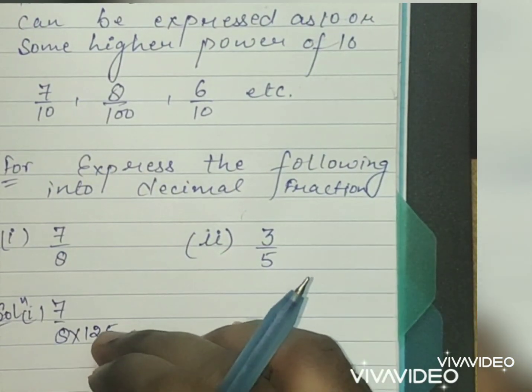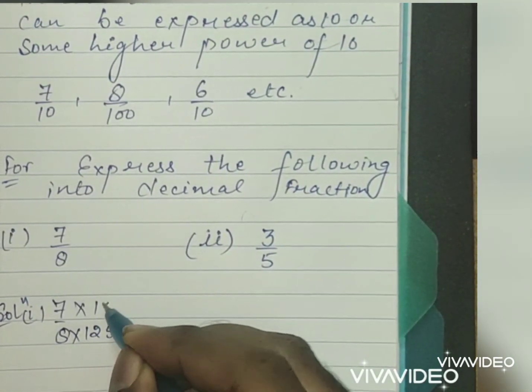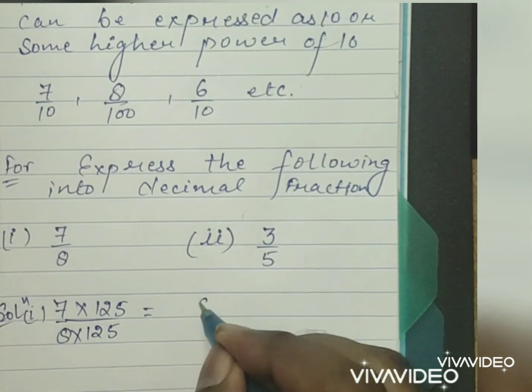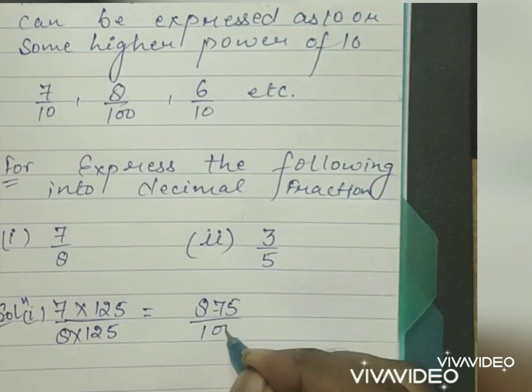So we are multiplying it by 125. So 125 in the denominator and 125 in the numerator. So your answer will be 875 upon 1000.